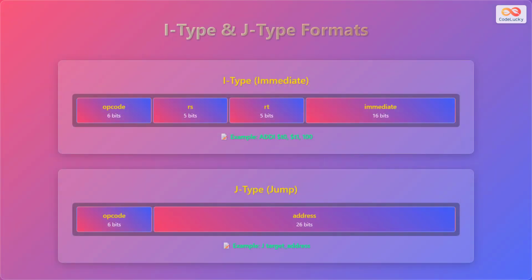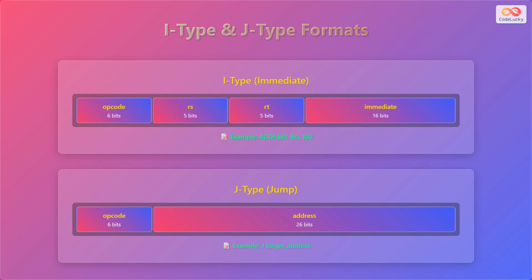Now let's explore the I-type and J-type formats. The I-type format, or immediate type, is used for instructions that involve immediate values. An I-type instruction includes the following fields: opcode, which is 6 bits, specifying the operation. RS, which is 5 bits, representing the source register.